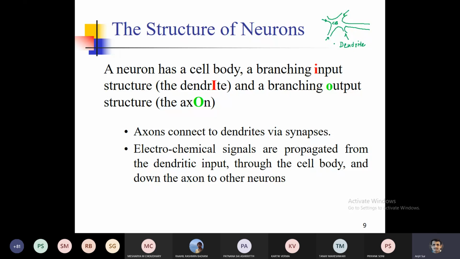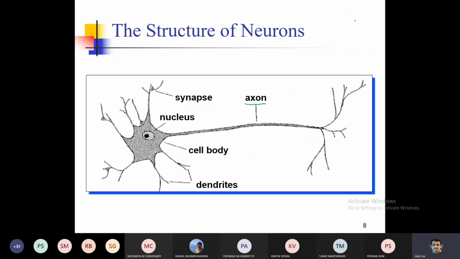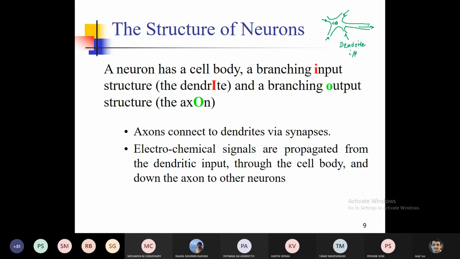There is an output from that, called the axon. So this is the input, and this is the output. The axon is connected to the dendrites via synapse.